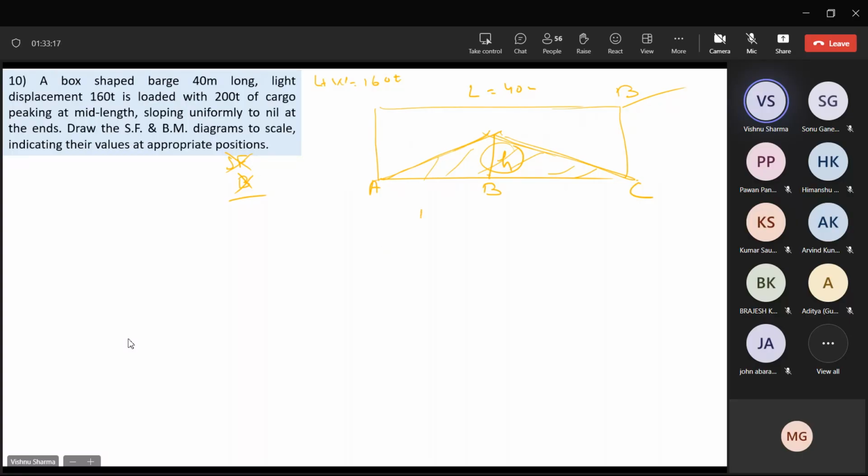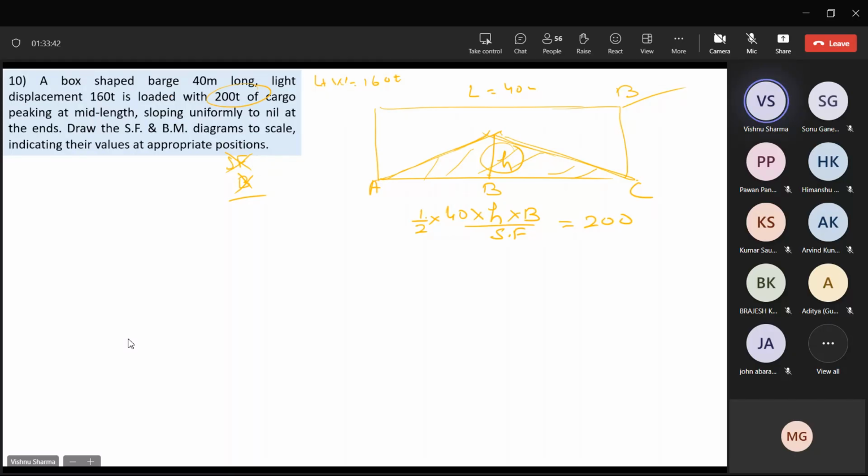How much will that be? Half, base is the length of the barge, multiplied by height h, area of the triangle, multiplied by the breadth, volume, divided by stowage factor. This becomes the weight of the cargo, and this is given as 200 tons in the question.